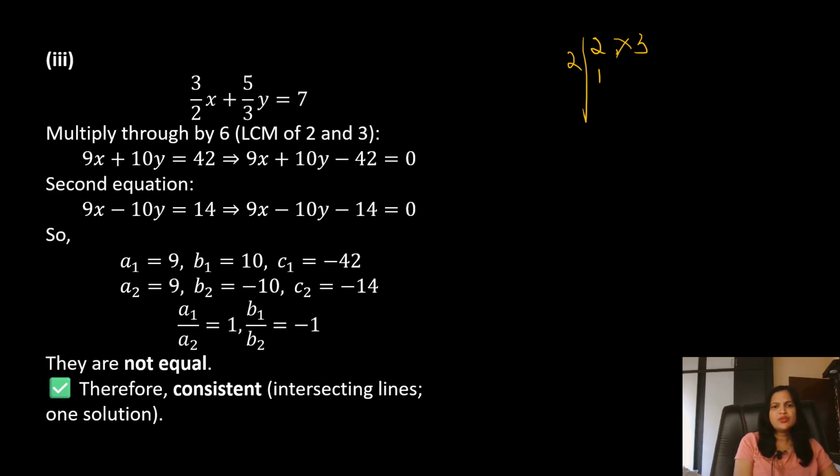Convert this equation into that form. LCM equal to 6. Okay, then solve this: 3 by 2 x plus 5 by 3 y equal to 7. LCM is how much? 6.